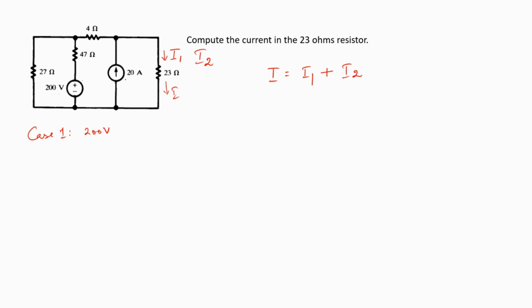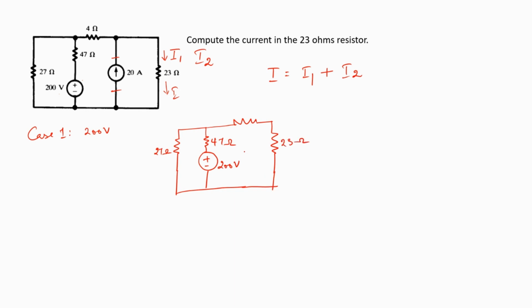So case 1, let me consider that only the 200 volts voltage source is present. The 20 amps is not there, which means I need to open circuit this. So let me redraw the circuit. Here I'll have the 27 ohms, and the 47 ohms here with the 200 volts voltage source acting. Then I have the 4 ohms here and the 23 ohms through which I need to compute the current.